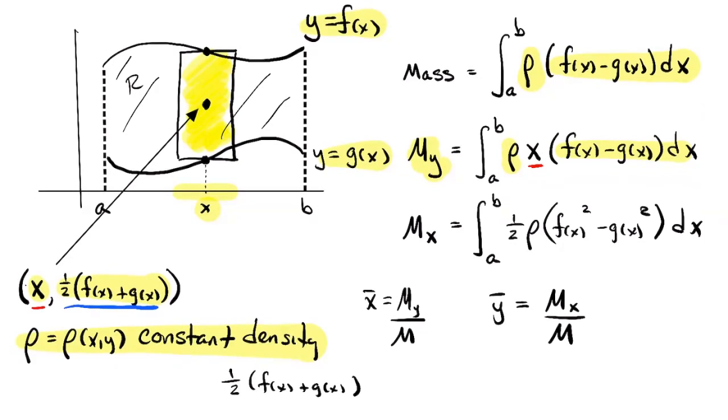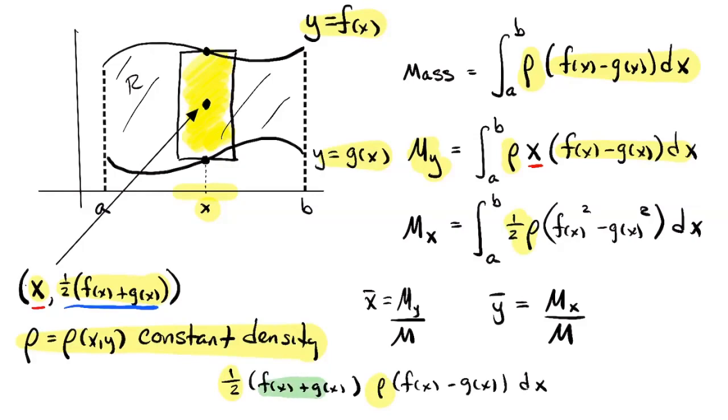The mass of the rectangle, again, is rho times f(x) minus g(x), that's the height of the rectangle, times dx, that's its thickness. If you assemble these pieces, you can see that the 1/2 times the rho is in my integral. And then just check this out.